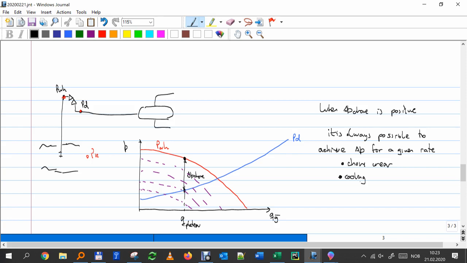Because when I drop the pressure, we know if it's a gas, it's going to get very cold. And if it gets very cold, what happens? I can have hydrate formation. The water can simply freeze in the choke. So I can have cooling, hydrate formation, hydrate or ice formation.